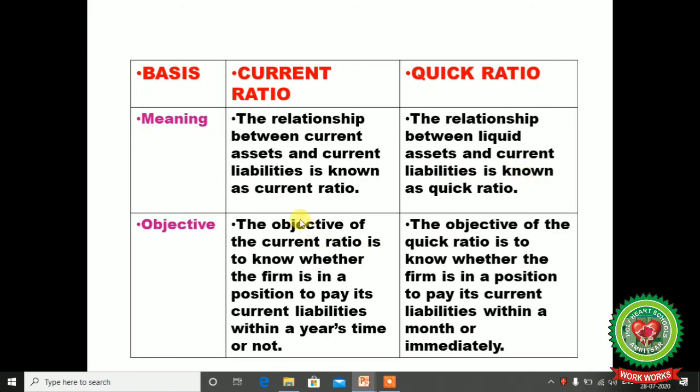After this, the objective of current ratio is to know whether the firm is in a position to pay its current liabilities within a year's time or not. Means in the current ratio a full 1 year is considered, but in the quick ratio, we know whether the firm is in a position to pay its current liabilities within a month or immediately. So the difference is time: in current ratio you consider 1 year, but in the case of quick ratio, 1 month or immediately.